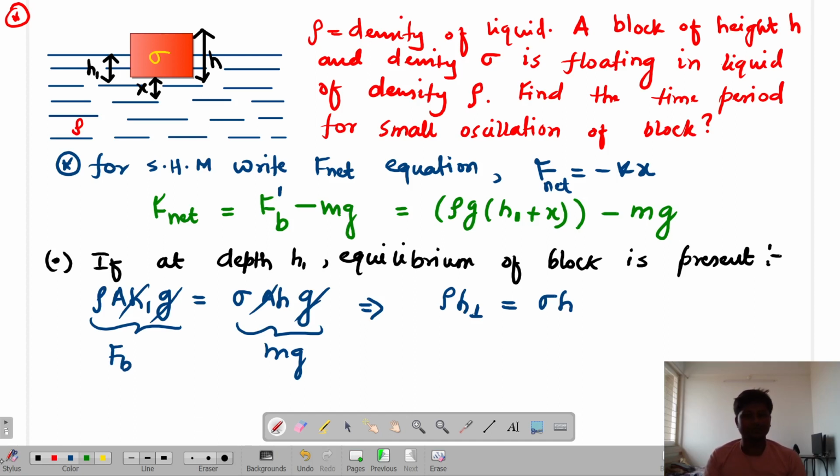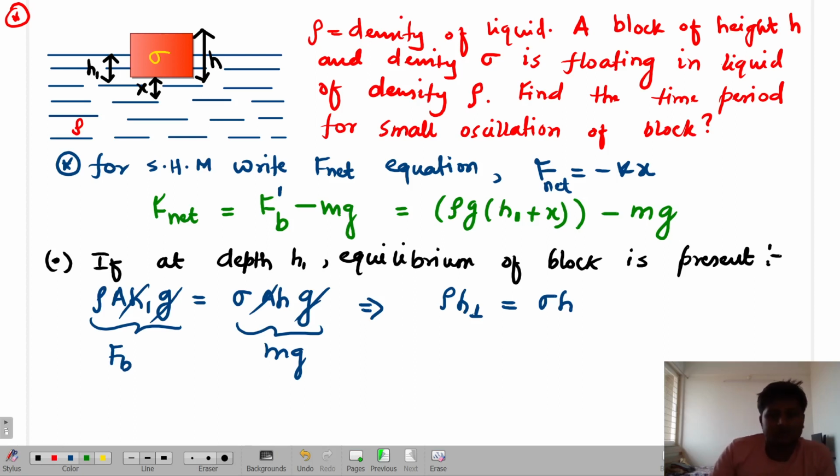Are you able to get me? So what is net force? Buoyancy force is this one only. Rho g h1 was original there, and then I'll have to multiply with area, because volume is there. Now look over here. F net is rho g h1 into area.